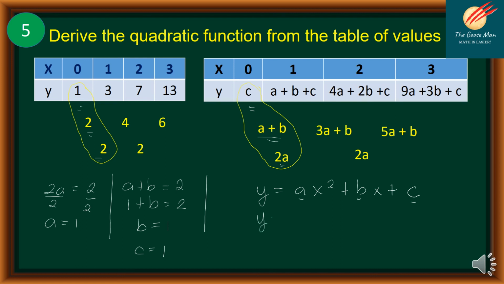So we have y is equal to 1 times x squared plus the value of b, which is 1, so 1 times x, plus the value of c, which is 1. To simplify this, we actually have y is equal to x squared plus x plus 1. So this is the derived quadratic function of the given table.